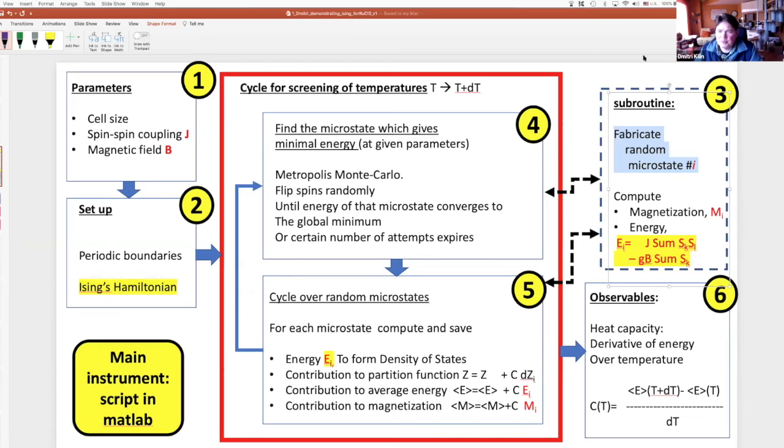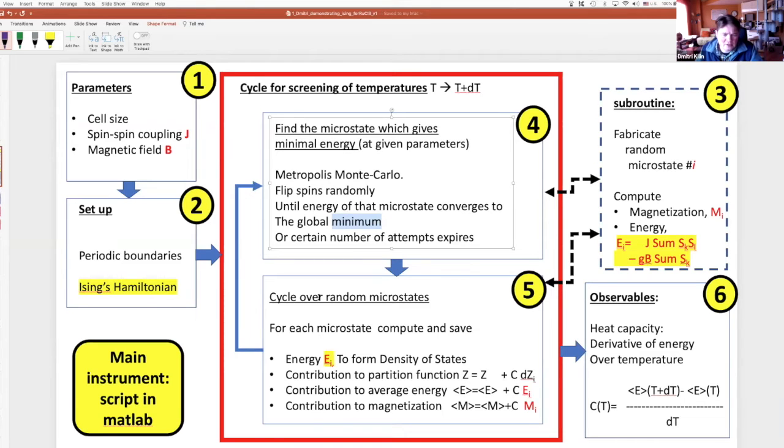There is a subroutine that is called both when one optimizes the spin configuration to find the microstate with minimal energy, and later on. This microstate with minimum energy will be the first term in the partition function.